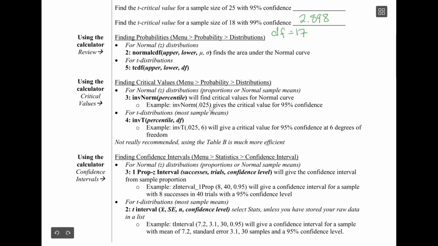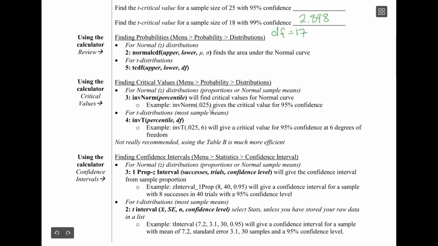So for our example here, 0.25 at 6 would give a critical value for 95% confidence at 6 degrees of freedom. Okay, so just something to think about there.